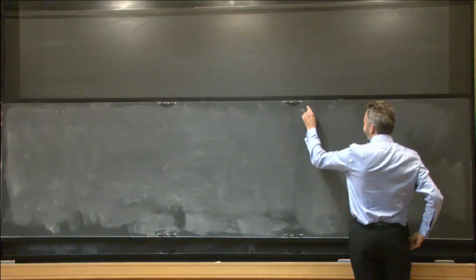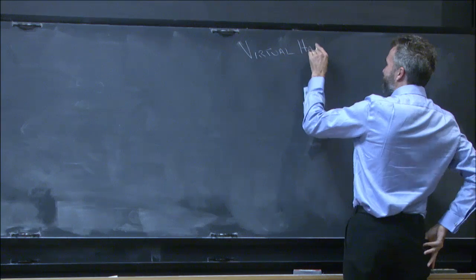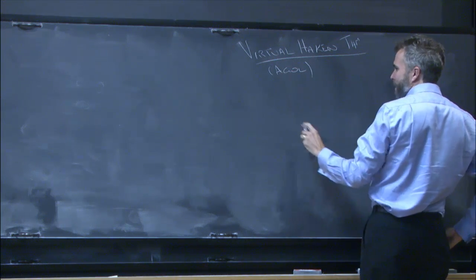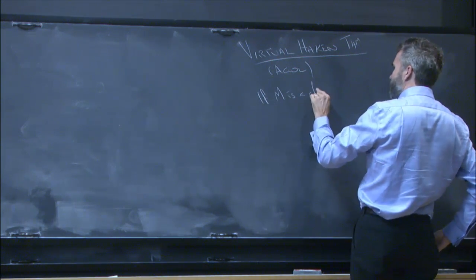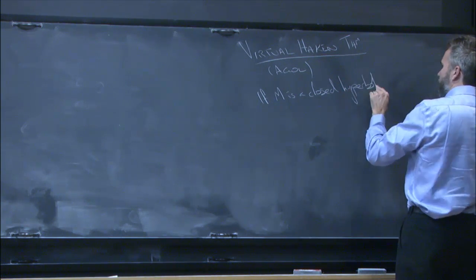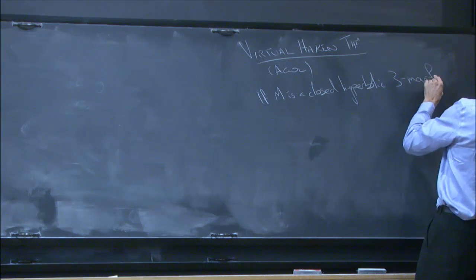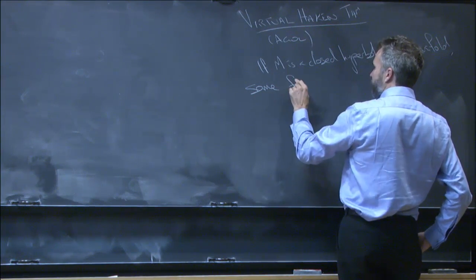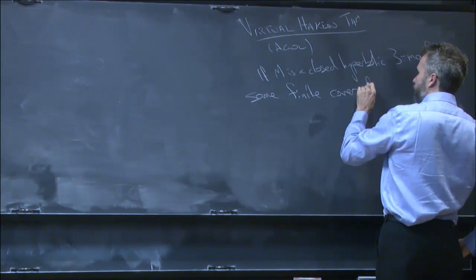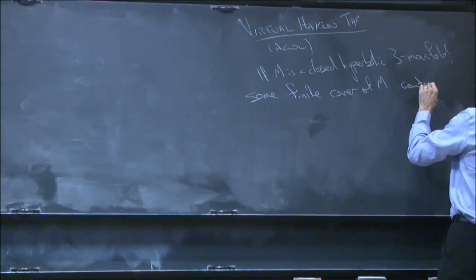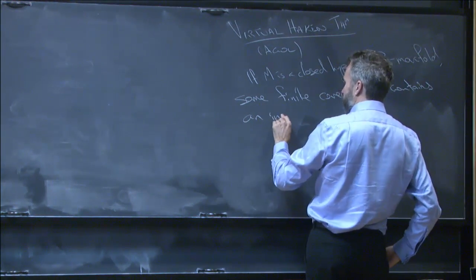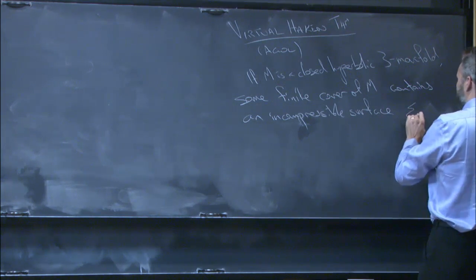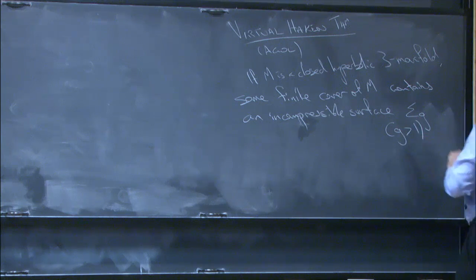So anyway, the virtual Haken theorem, proved by Ian, says: if M is a closed hyperbolic 3-manifold, then some finite cover of M contains an incompressible surface, say Σ_g, where g is a homogeneous surface.